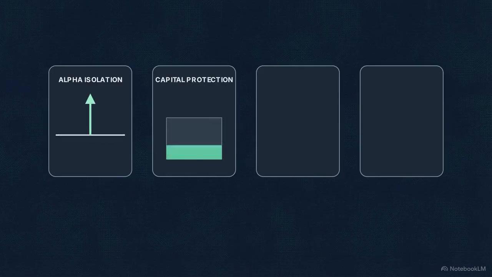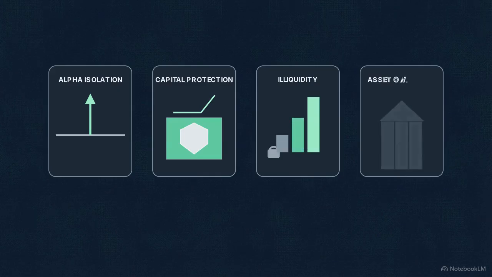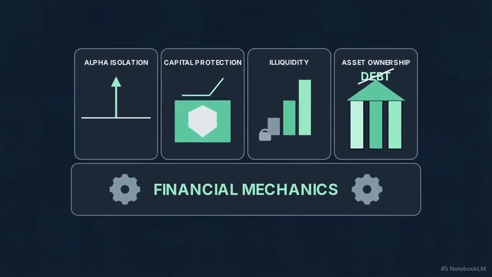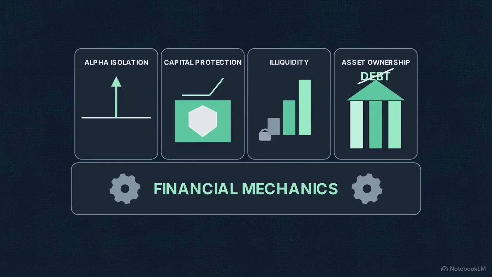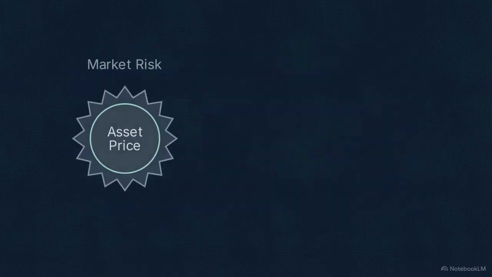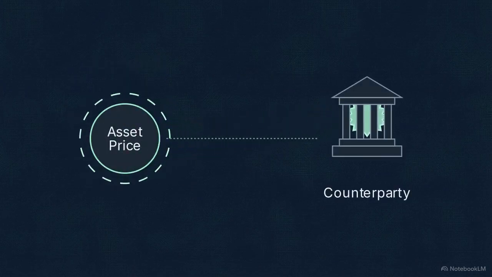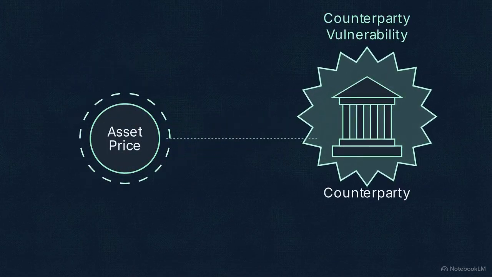Alternative investment vehicles possess no inherent magic. They are precise mechanical responses designed to bypass specific financial constraints. Whether stripping out market beta, securing principal with bonds, trading liquidity for long-term growth, or restructuring ownership to avoid debt, it all comes down to mechanics. Every structural intervention carries a trade-off. Moving risk away from the price of the asset inevitably creates a vulnerability elsewhere.